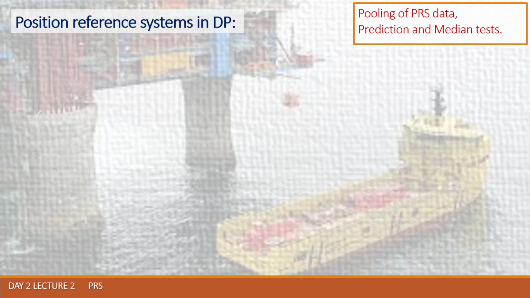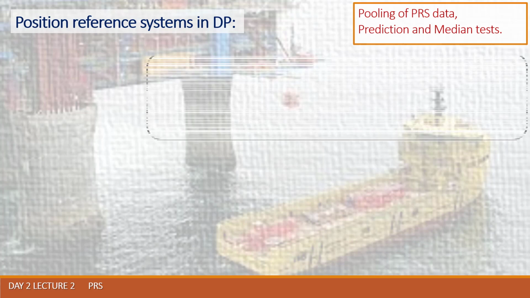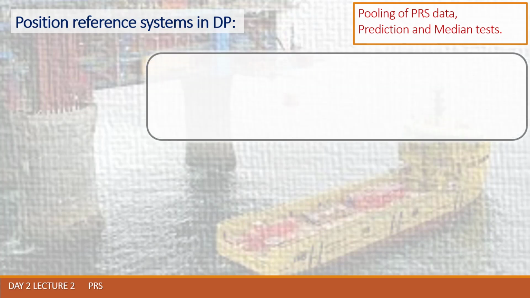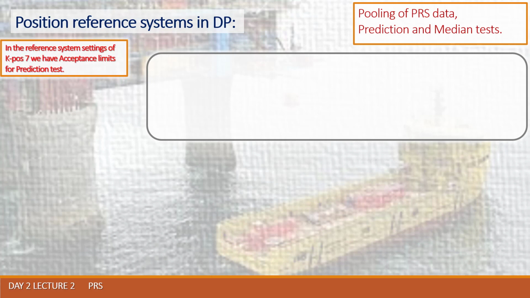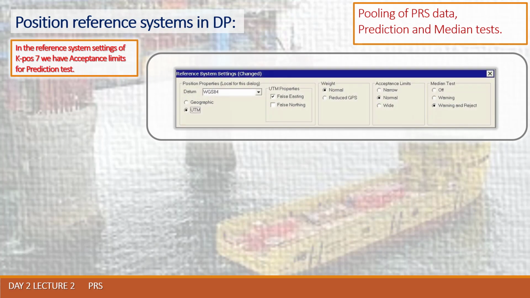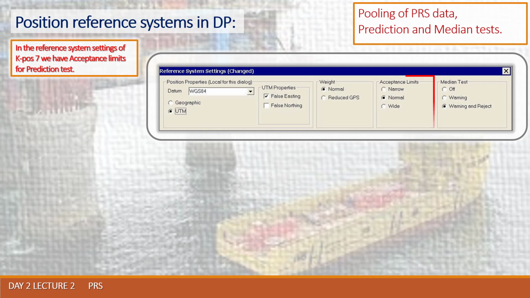The prediction test acceptance limit is an adjustable parameter in K-Pos 7. To make the settings, you have to open the reference system settings, and in the appropriate area, acceptance limits, you may select 3 different setups for the prediction test.